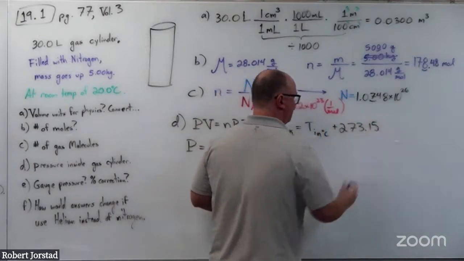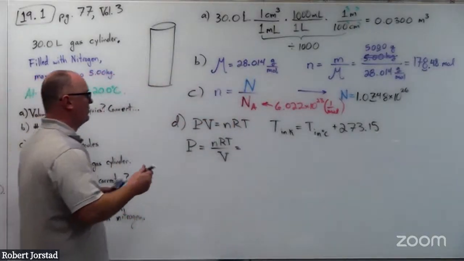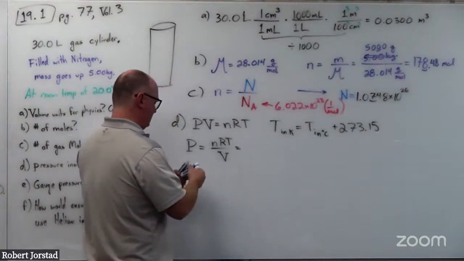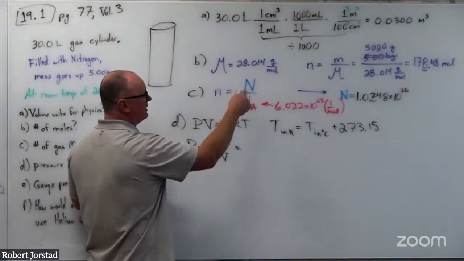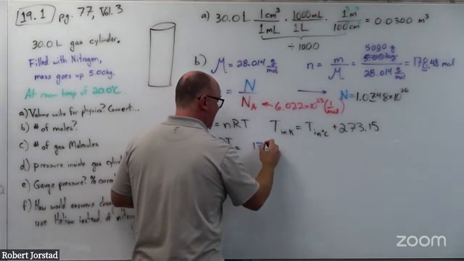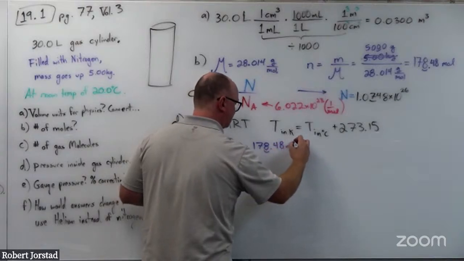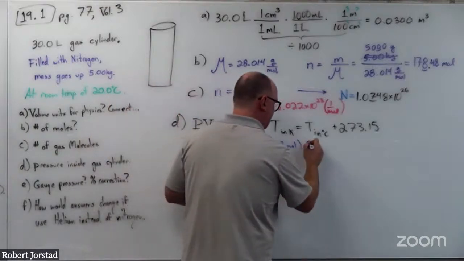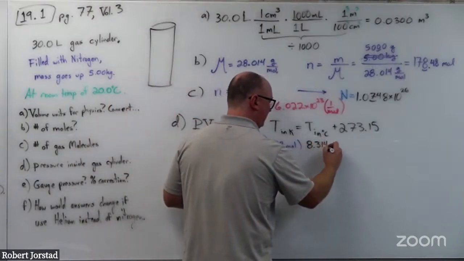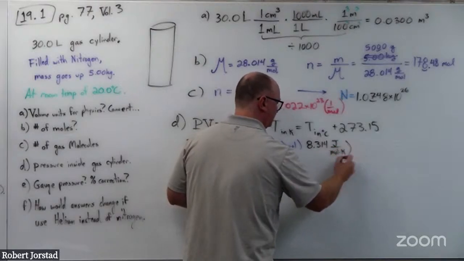All right? And so in this case, we could use the number of moles, which was 178.48 mole. R, that's 8.314 joules per mole Kelvin.